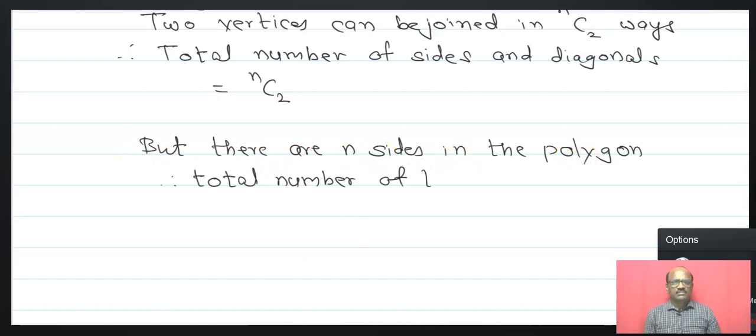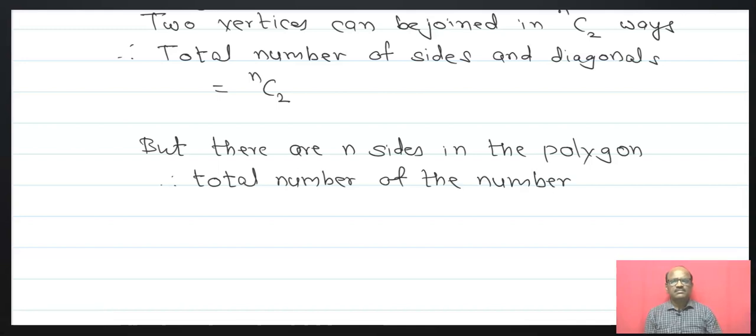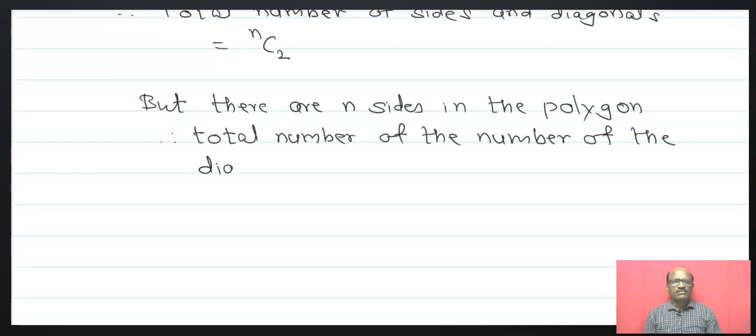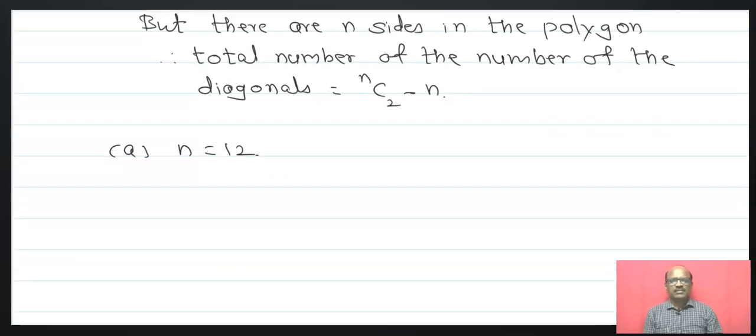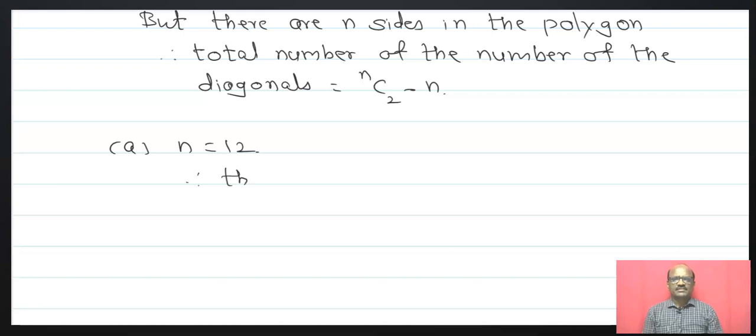Therefore, the total number of diagonals is equal to nC2 minus n, because we will subtract the sides of the polygon.